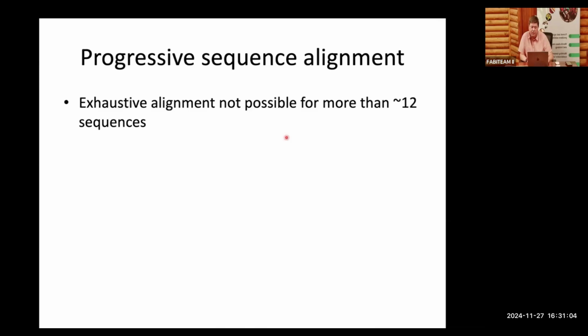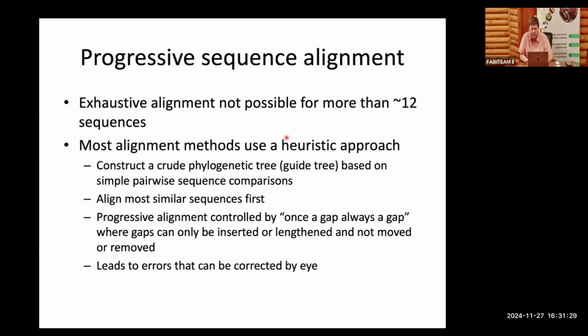It's not possible to do exhaustive alignments. I've put here more than 12 sequences, but that really depends on the computer or the server that you use. Typically, if you have many taxa and a lot of sequences, it becomes a computationally intensive analysis to do the alignments.